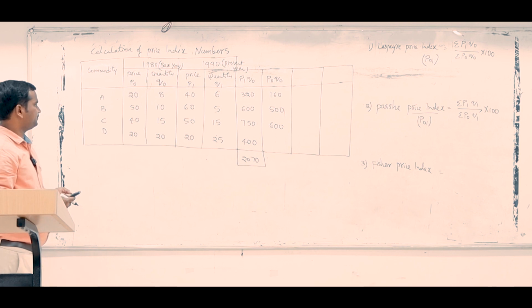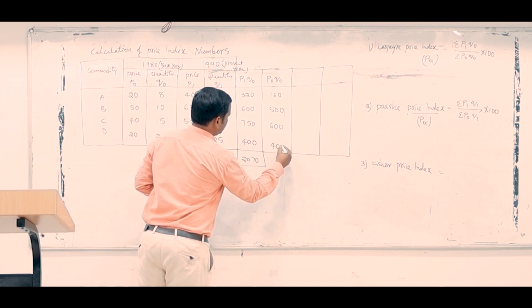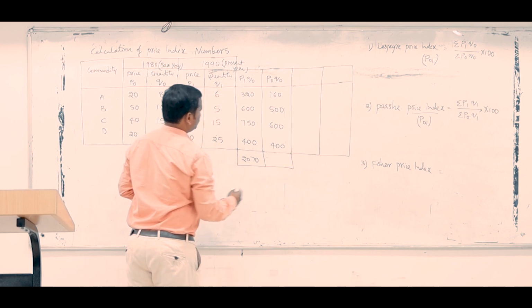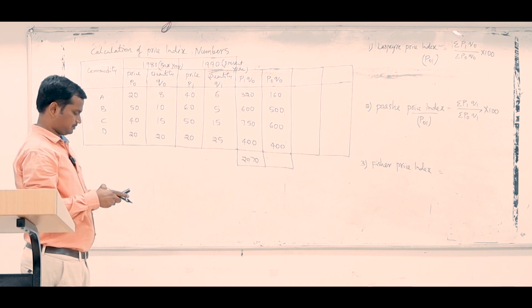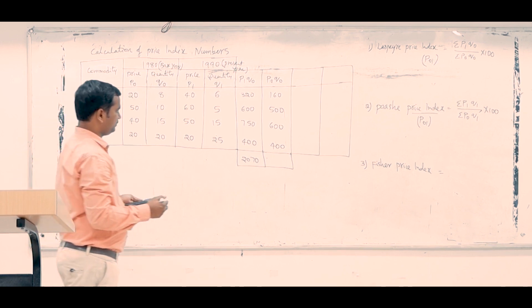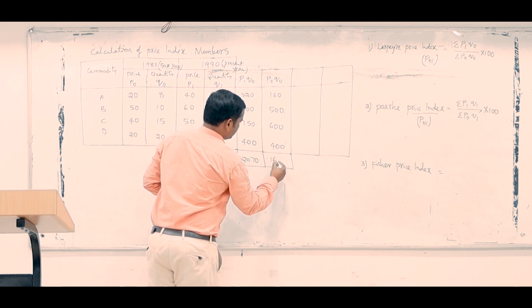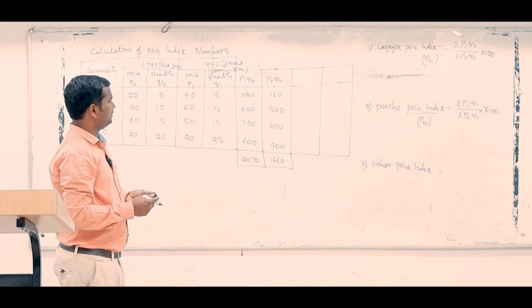So next is 400, 20 into 20. So for this also we should do the summation. So 160 plus 500 plus 600 plus 400. So the summation will be 1660.